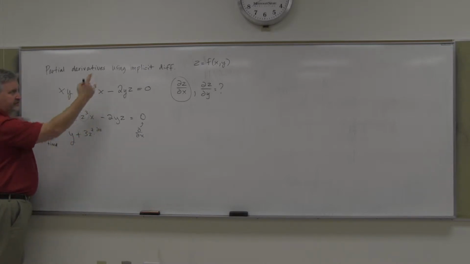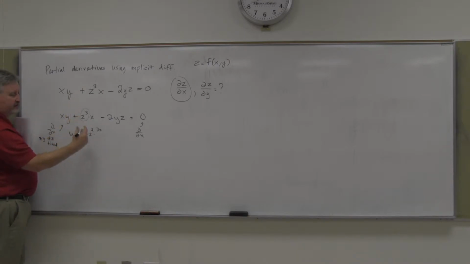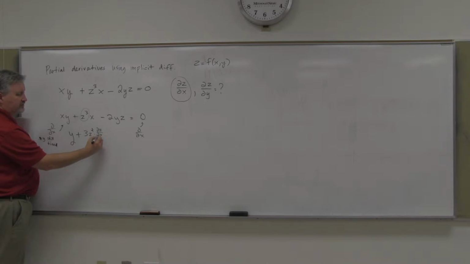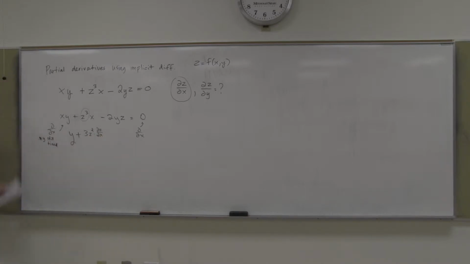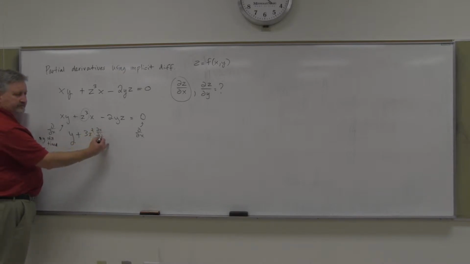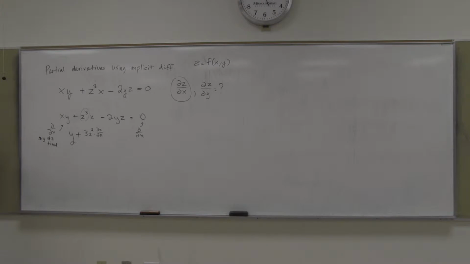When we were first doing implicit differentiation, it was the dy over dx. Well, in this case, it's the partial of z with respect to x that I would put there. And it's kind of the chain rule, because I don't know what to do with z as far as that goes.